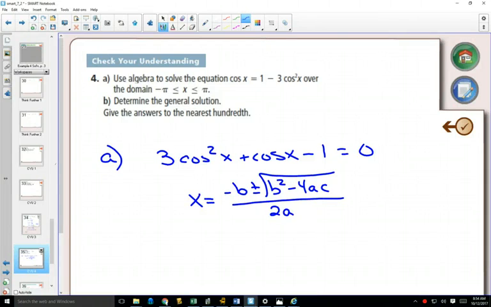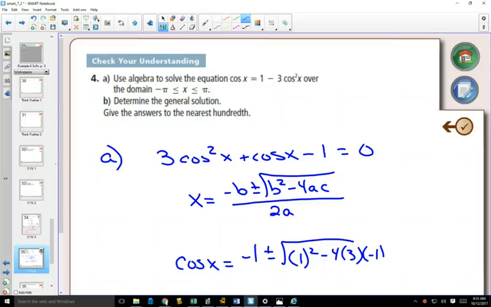But that was an equation for x squared. We have an equation that has cos squared. So instead of x, we're going to write cos. And then we can go negative b plus or minus the square root of b squared minus 4 times a times c, all over 2 times a.